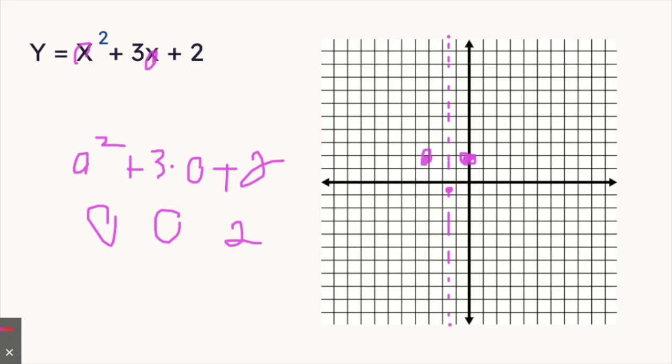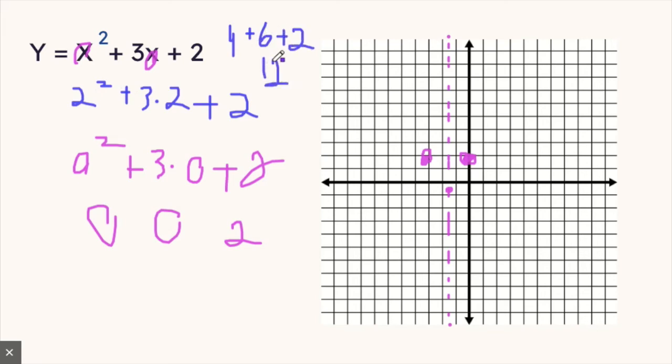Now let's plug 2 in. When we plug 2 in, it's going to be 2 squared plus 3 times 2 plus 2. 2 squared is 4. 3 times 2 is going to be 6. And then there's 2. That's going to equal 12. So at 2, it's going to be 12. 1, 2, 3, 4, 5, 6, 7, 8, 9, 10, 11, 12 is going to be about here.